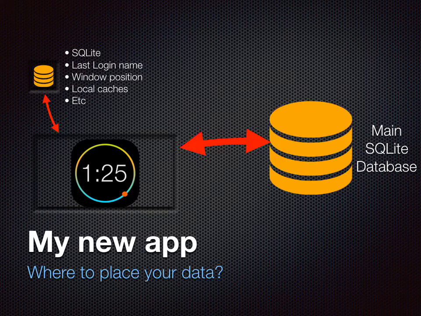One is a local preferences file to store things like the last user login or any positioning of the windows or any locally cached data, and usually that's a SQLite database. The second type of database is where you store your main tables for the application. Everything is stored typically, as you see here, on one computer, single user access only.